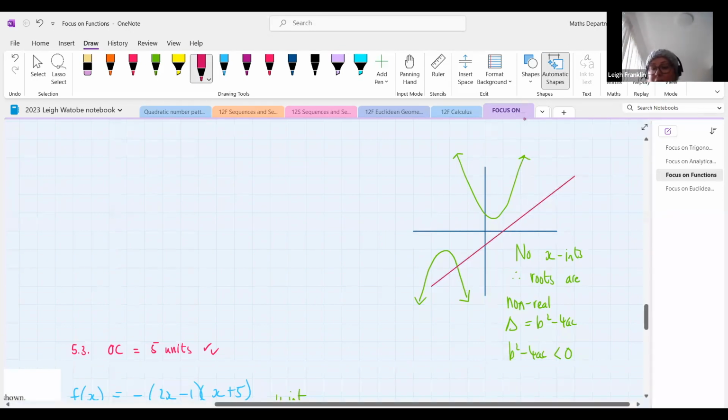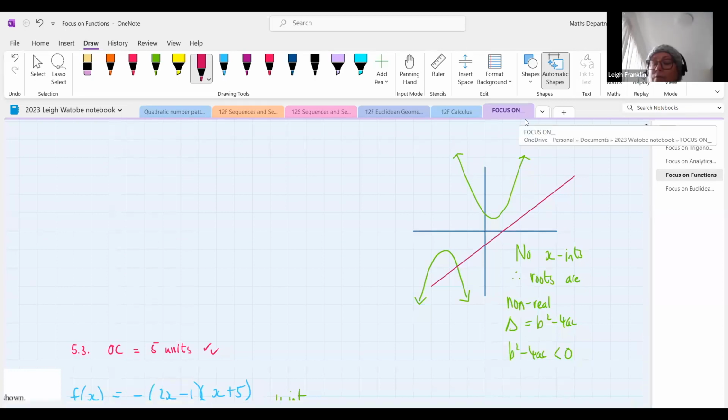I'm going to get rid of the parabola down here. I can say similarly that the green parabola has no x-intercepts, roots are non-real. But I can also say that that straight line, the purple one, and the parabola also have no real roots.